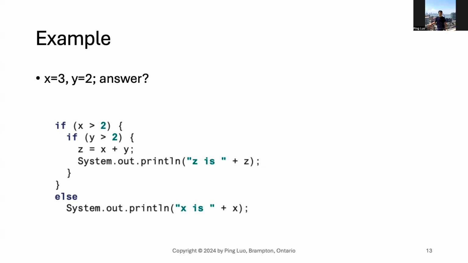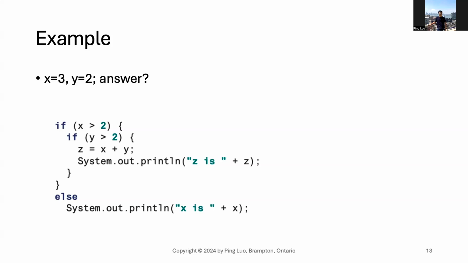So the else. How about you? Instead of the greater than sign, if it had been greater than or equal to, then it would go into the second if statement. But since it's just a greater than sign, it would go directly to the else statement. x is 3.